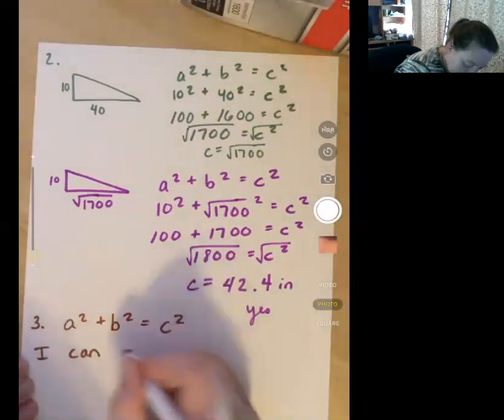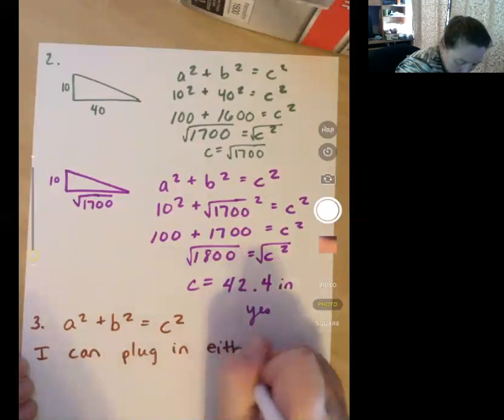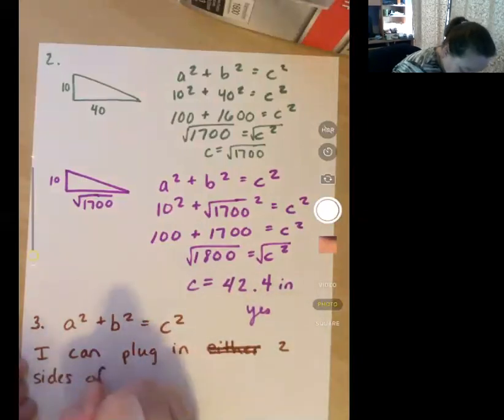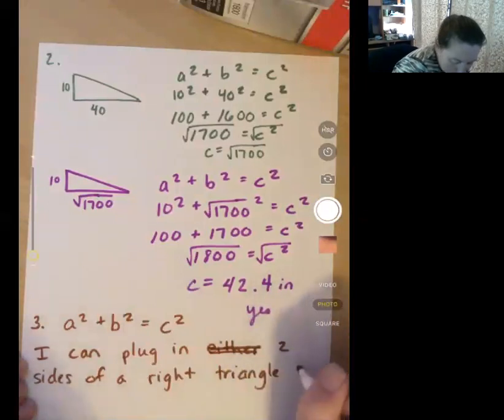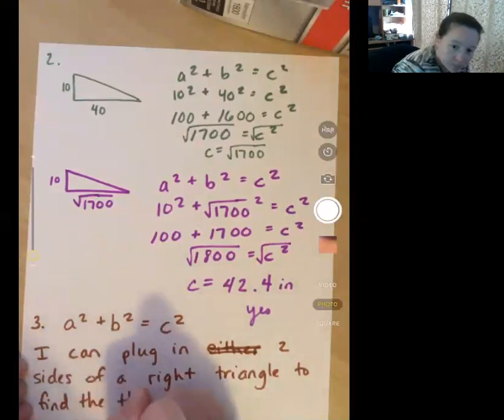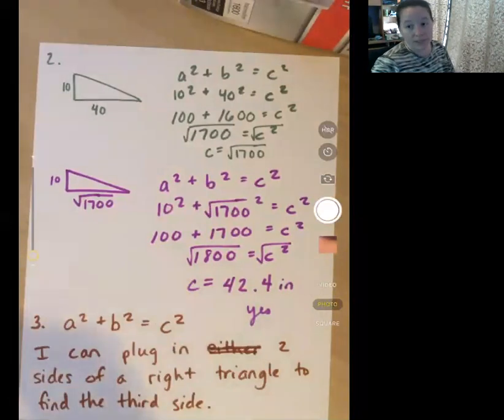I can plug in two sides of a right triangle to find the third side. Always, always, always.